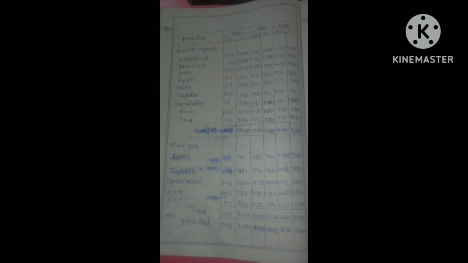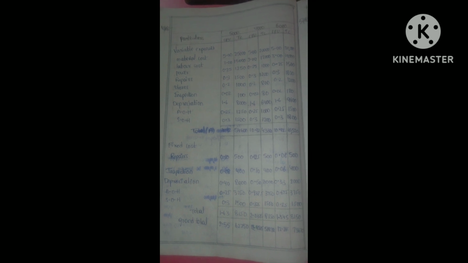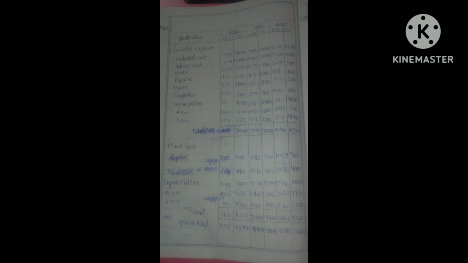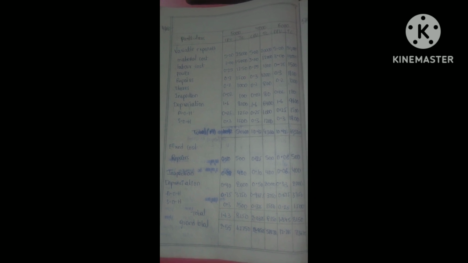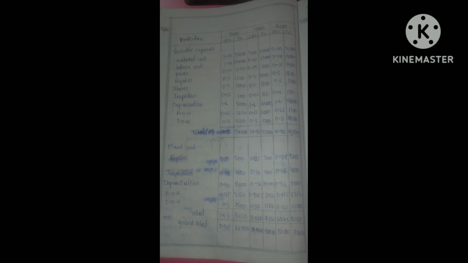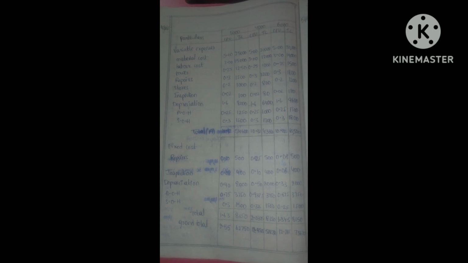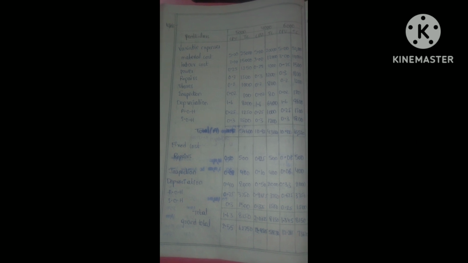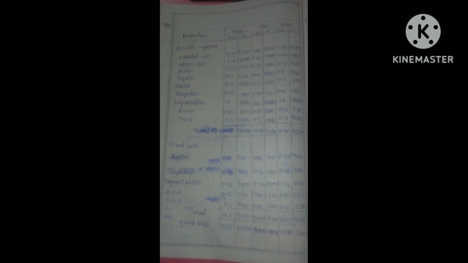So first take down the repairs, inspection, depreciation, administration overheads and selling overheads of fixed cost in the particulars. So now we have to calculate for 5,000, 4,000 and 6,000 units. How to calculate: repairs has given value for 5,000 is 2,000 and 75%. So multiply 2,000 into 75%, so we will get 500.